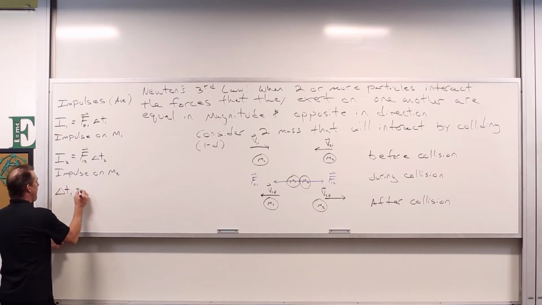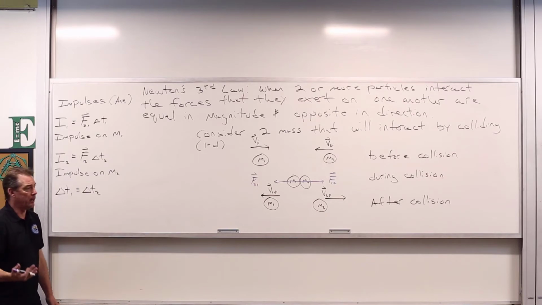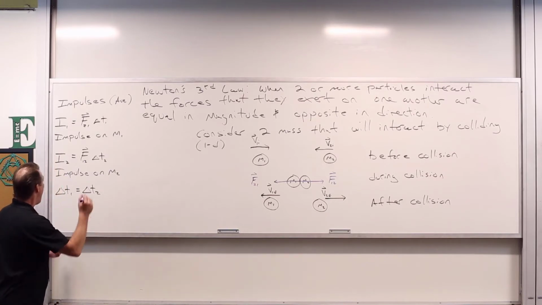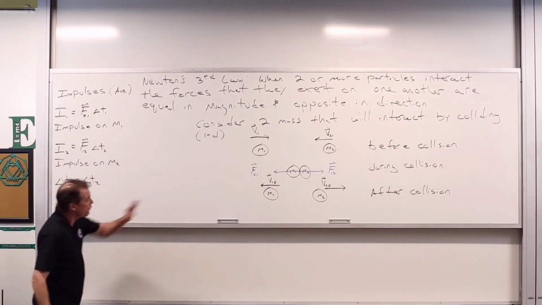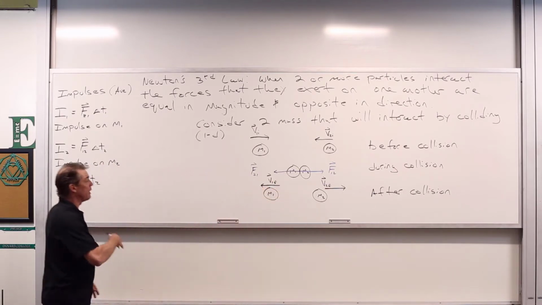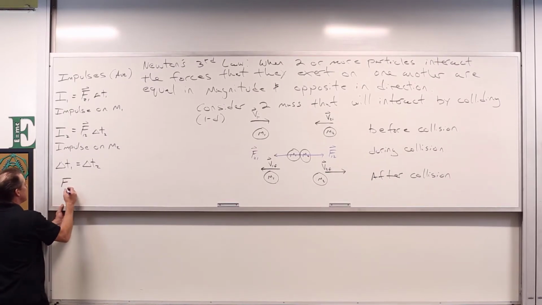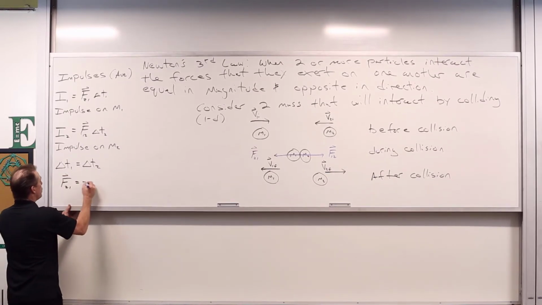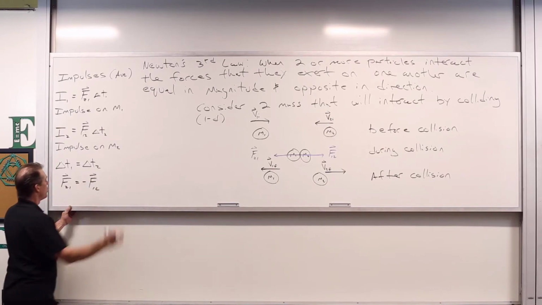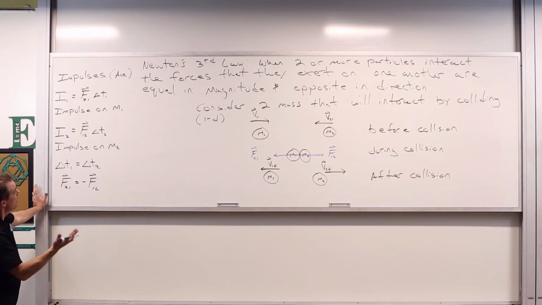Delta T1 must be equal to delta T2. They're in contact with one another for the same interval of time. And we've also got these forces, F21 hat and F12 hat, they have to be equal in magnitude, opposite in direction. So F21 hat is equal to negative F12 hat. We just write a negative sign in between them, that's directional, there we go.